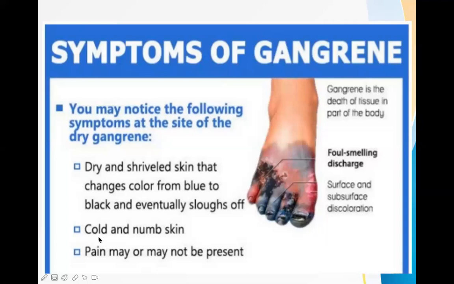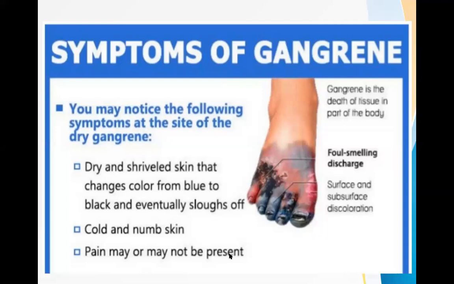In the very beginning, the person cannot feel any sensation there. The person may feel it's a numb and cold area. This is again because of lack of blood supply. Because of the lack of blood supply, the person cannot feel any sensation there. Sometimes pain may be there. This is called ischemic pain.